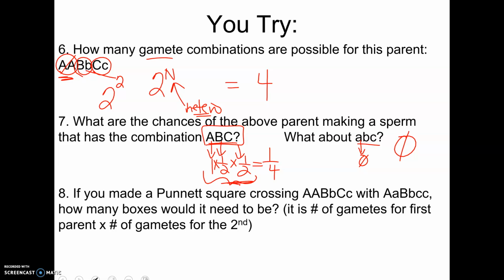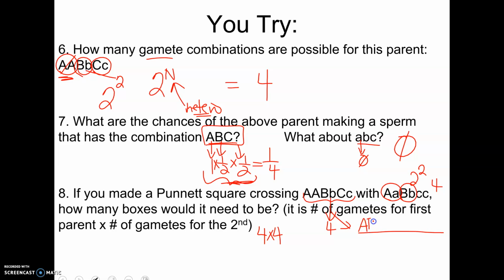So anyway, let's see, how big would a Punnett square actually have to be? Well, you use the 2 to the n, so we just said that this one had 4 possible combinations. This one also has 2 squared, 4 combinations, so you would have to make a 4x4 Punnett square. In other words, across the top, you'd have to have all the possible combinations for the first parent.